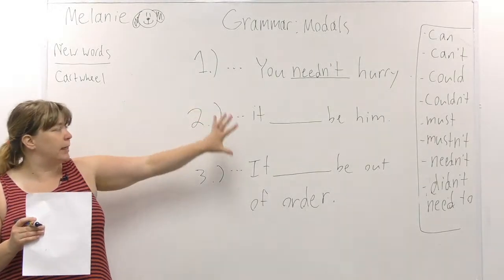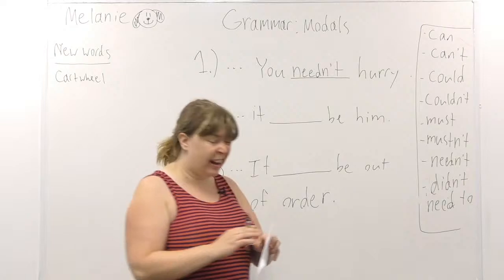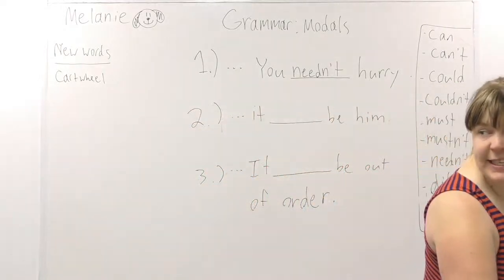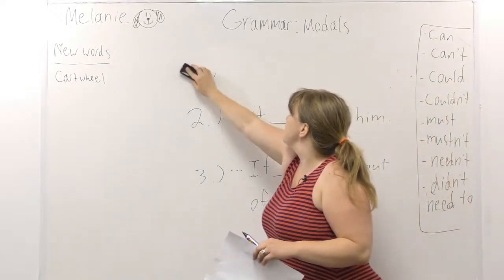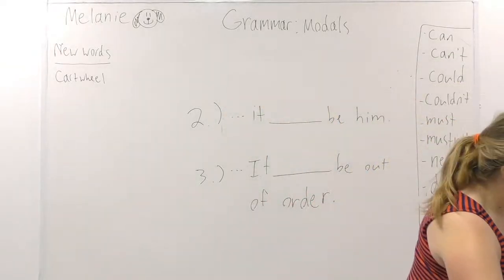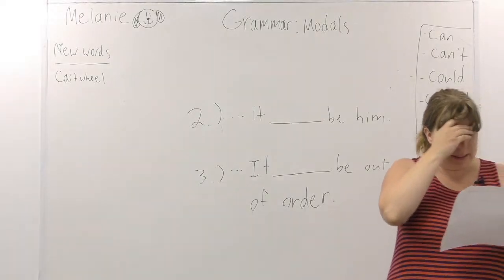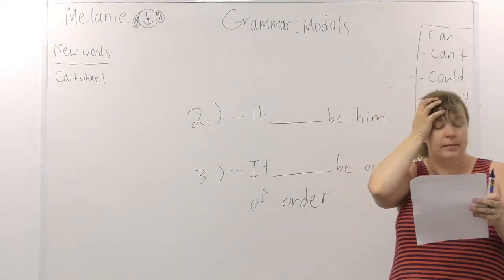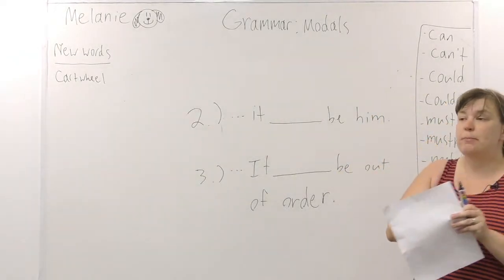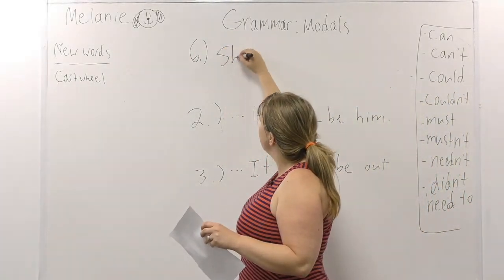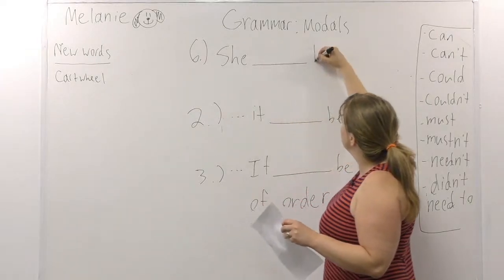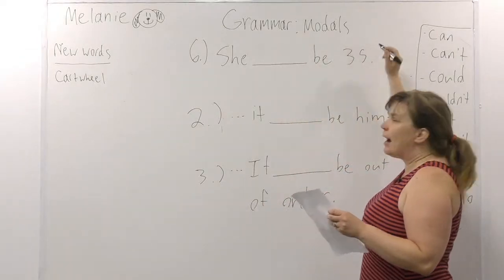Okay, I'll leave this blank for now and let you guys go ahead and fill it in as best as you can. And let's get rid of number 1. Let's do number 6. I think number 6 would be a good one. She blank be 35.